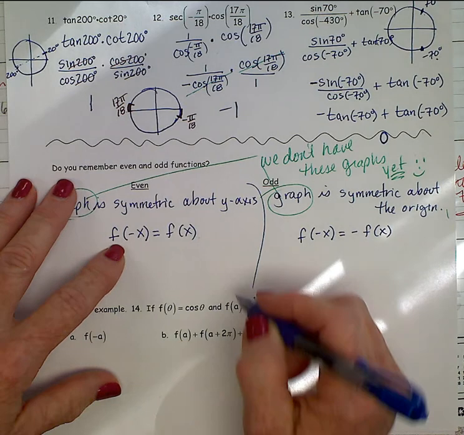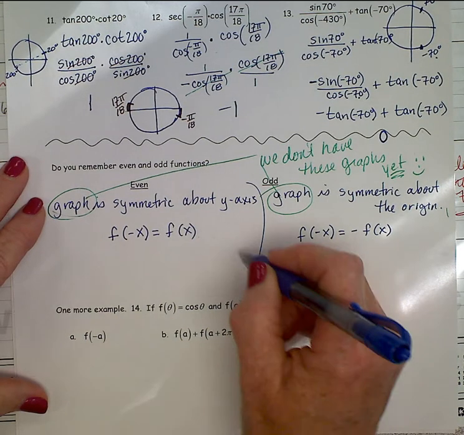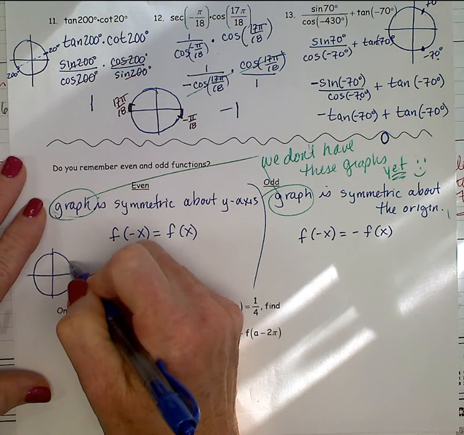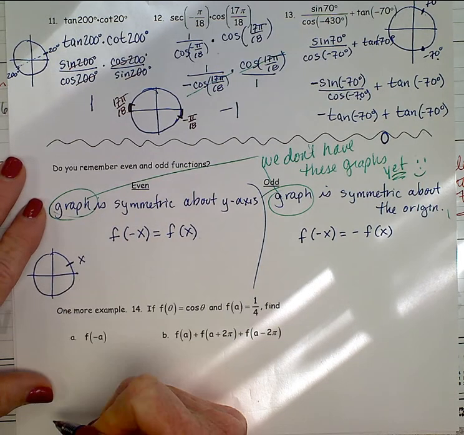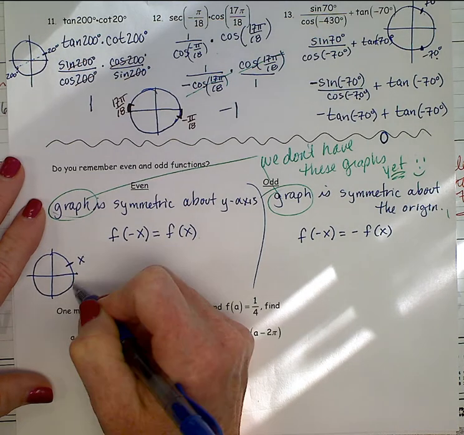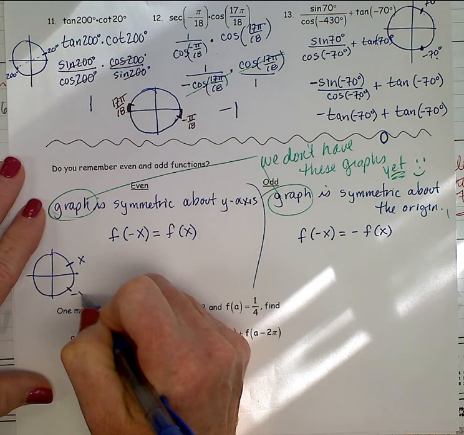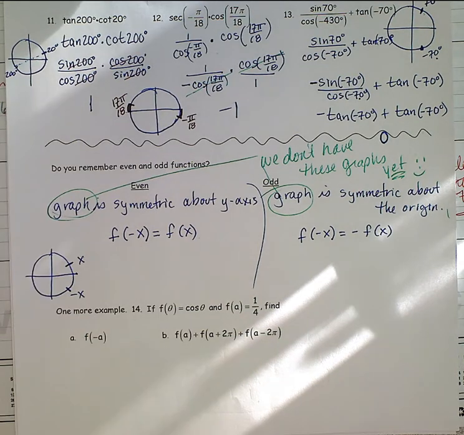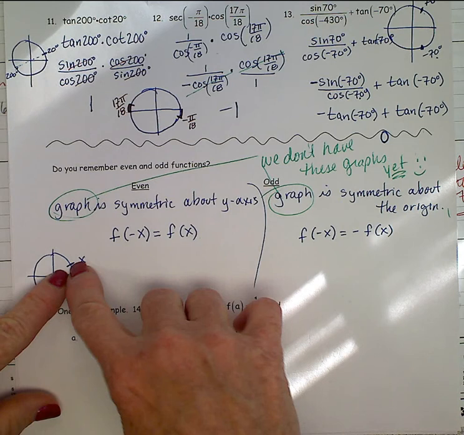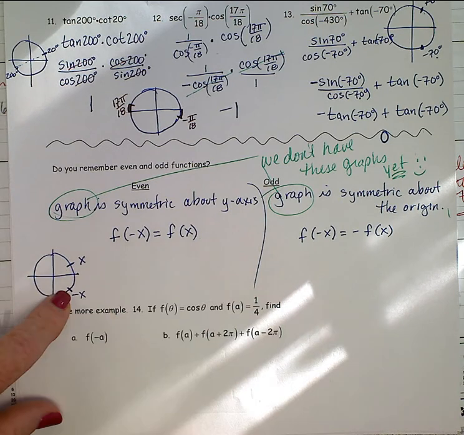So let's think unit circle here. Here's x. Where's opposite x? Opposite x is right down here. All right, which trig functions have the same values when you find a value at x and at opposite x?